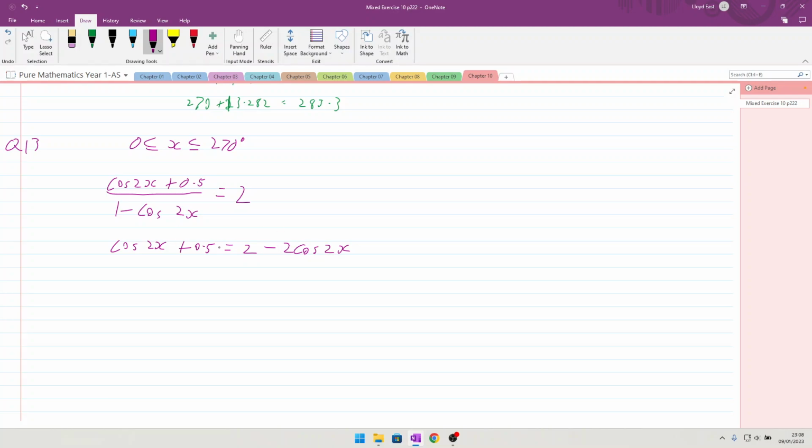When I bring this minus 2 cos 2x across, it's going to become positive, so we get 3 cos 2x equals, I'm going to bring the half to the right, so I'm going to get 2 minus half, so I end up with 1.5, 3 over 2, and all of that is being divided by 3, or multiplied by 1 over 3, so cos of 2x equals 3 over 6, which equals a half.